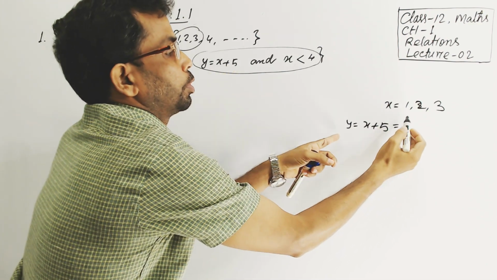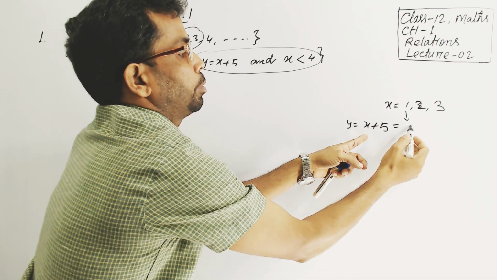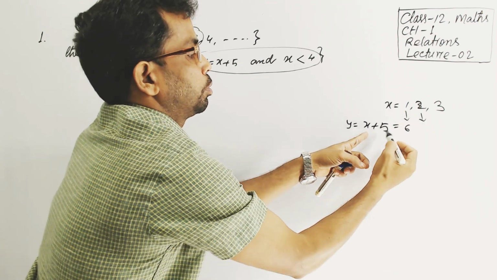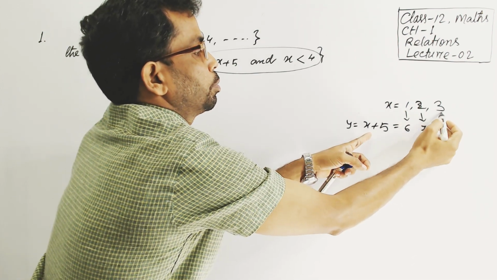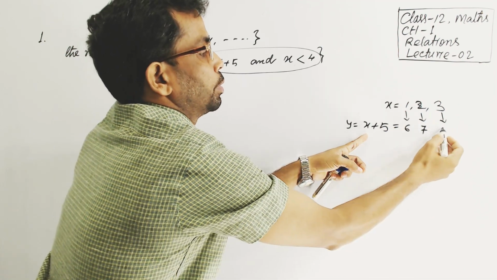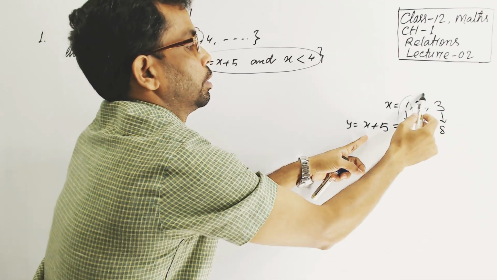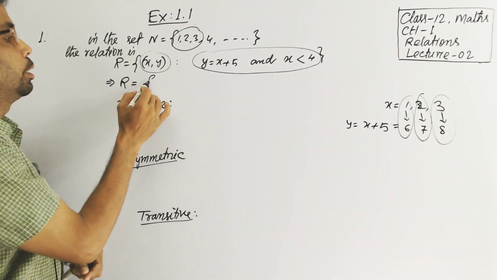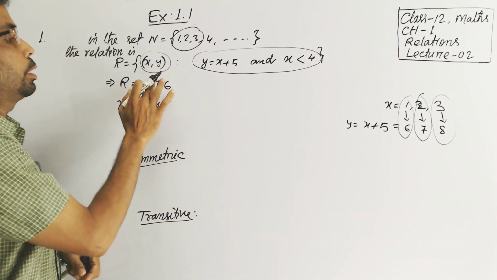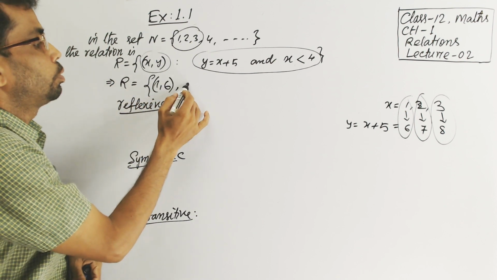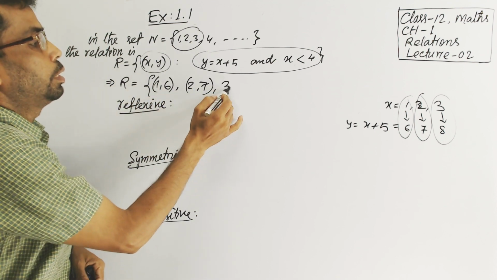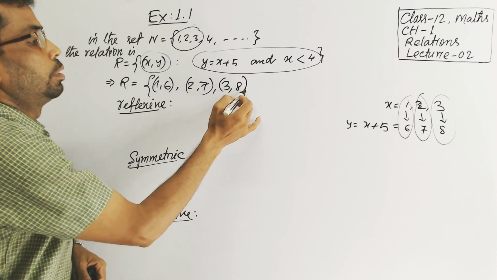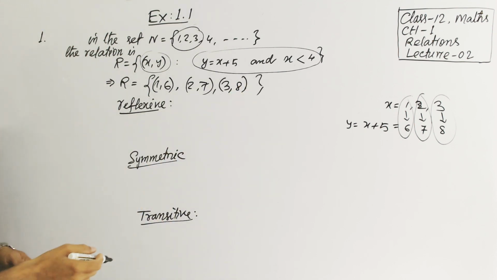So corresponding to 1, 1 plus 5 will be 6, corresponding to 2 it will be 7, and corresponding to 3 the value is 3 plus 5, that means 8. So the pairs are (1, 6), (2, 7) and (3, 8). So the relation is made by the pairs (1, 6), (2, 7) and (3, 8), and then we can check for reflexive, symmetric and transitive.